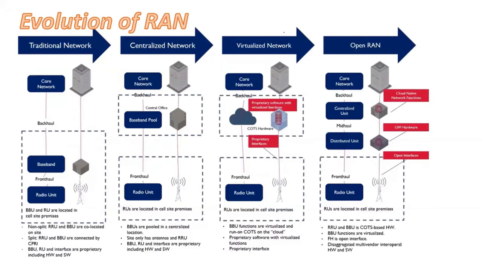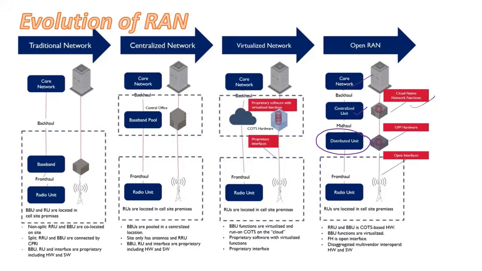And then comes Open RAN. Now we have the core network. The baseband unit is now separated into a centralized unit and a distributed unit, right? We have to use GPP hardware, meaning general purpose hardware, or COTS hardware. We are using SDN, NFV, and many other technologies, right?